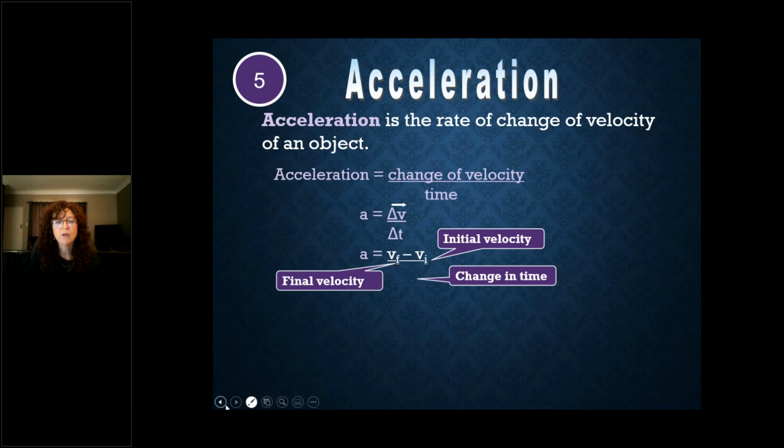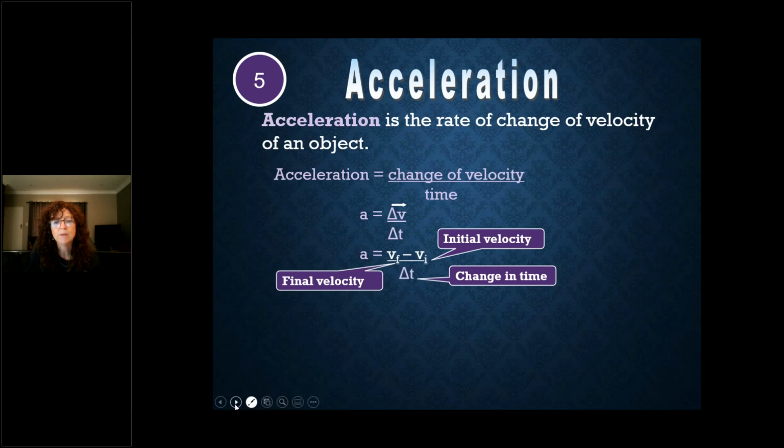Right. So remember, when you have to apply your knowledge for your question papers, say for example a graph, if you have to calculate the gradient, make sure that you use Y final minus Y initial, divided by X final minus X initial.